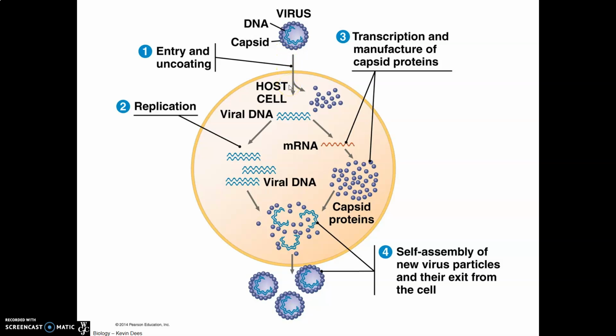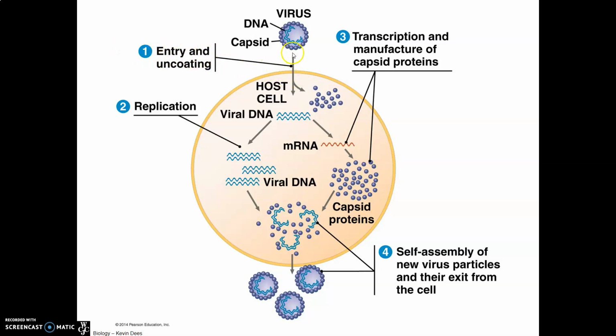You might recall we called that the host range, in that viruses typically are only able to infect very particular hosts, and it has to do with the proteins on the capsid and the proteins on the surface of the host cell.